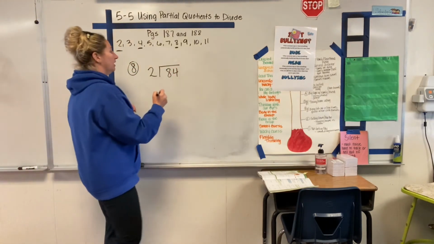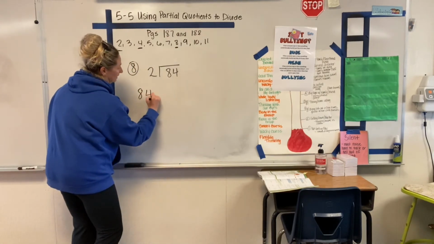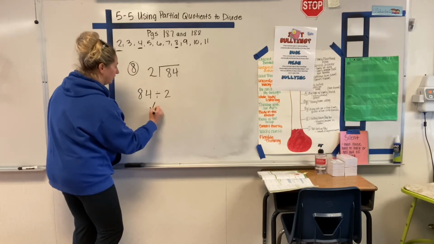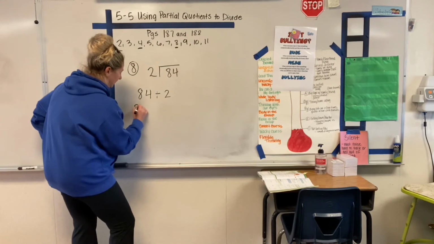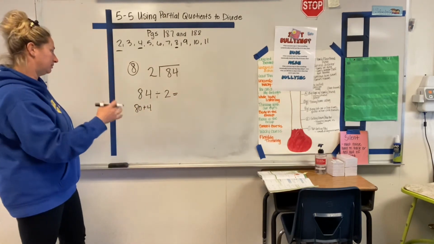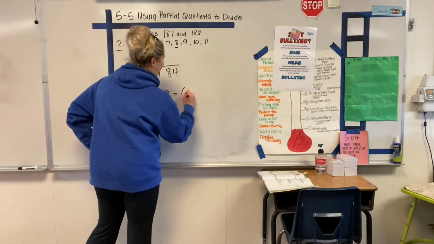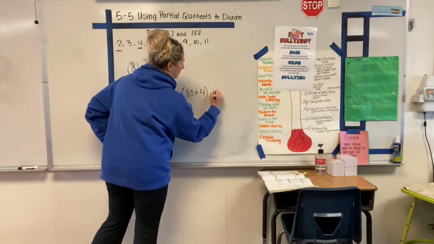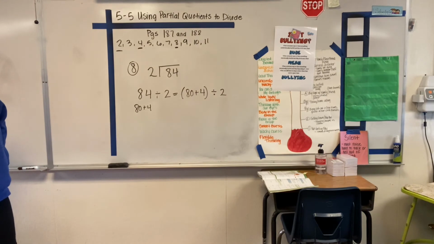Okay, I want to use the distributive property, so I'm going to write it like this. 84 divided by 2. Okay, then I break apart 84 into 80 plus 4. So when I rewrite the problem, when 84 is broken apart, it's going to be 80 plus 4 divided by 2.